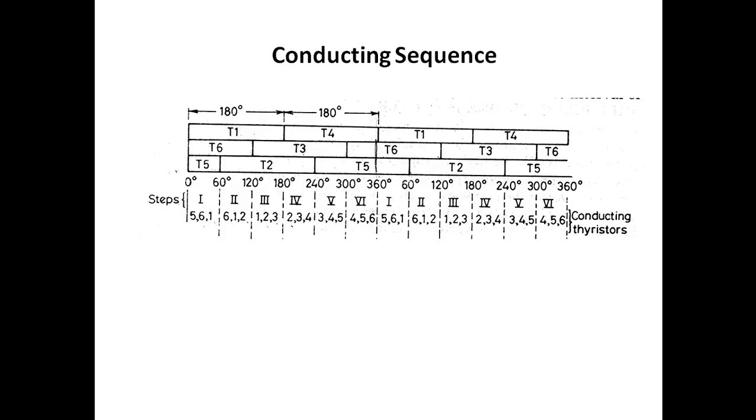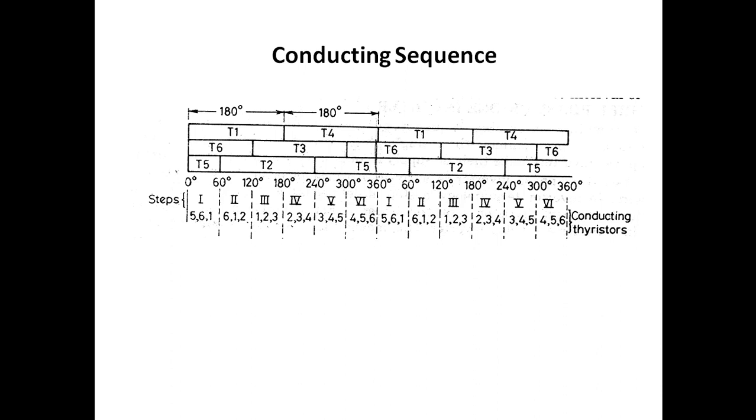T1 starts conduction at 0 and finishes at 180 degrees, and thyristor T4 starts its conduction at 180 degrees and finishes at 360 degrees. Similarly the cycle will repeat, T1, T4, T1, T4.